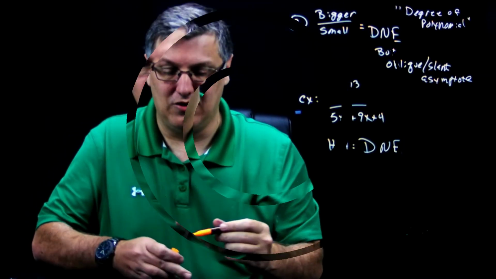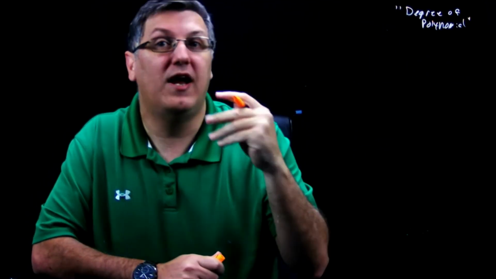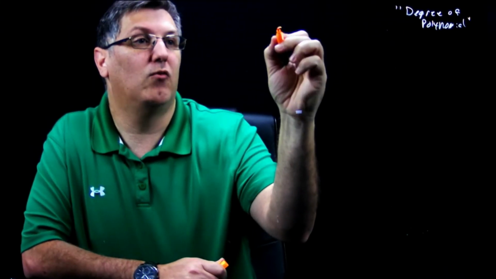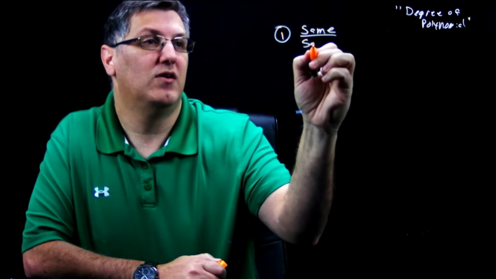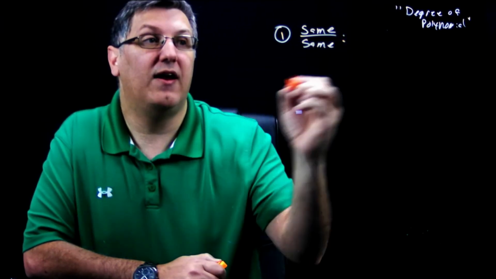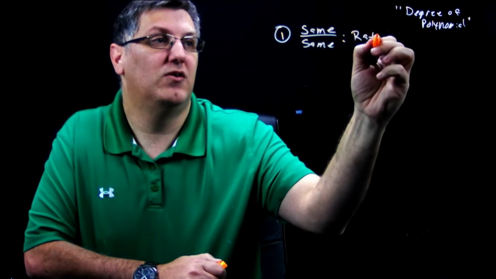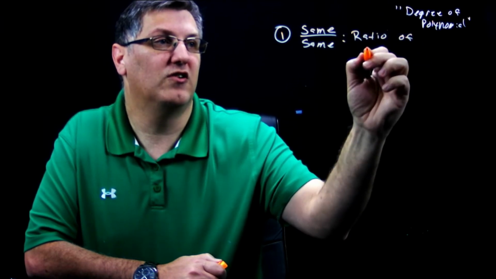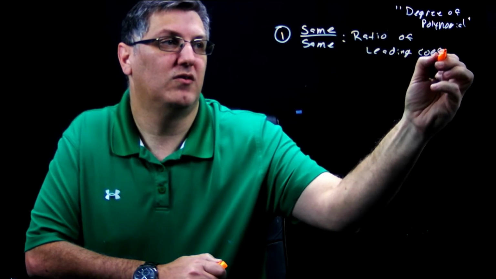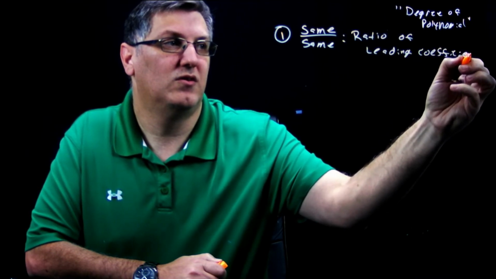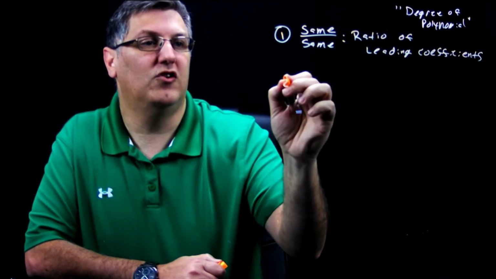So in summation, we have 3 rules. We have rule 1, when my degrees are the same. It's going to be a ratio of leading coefficients. All right, rule 2.